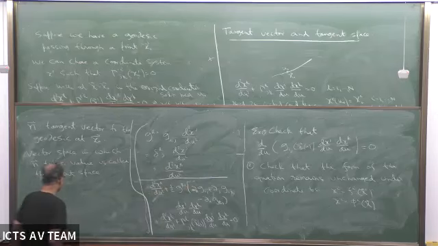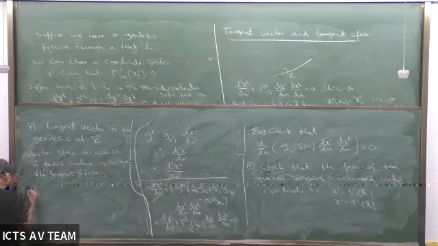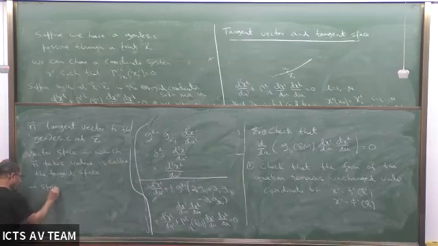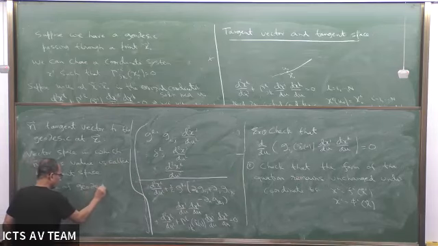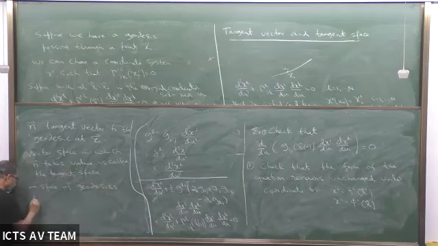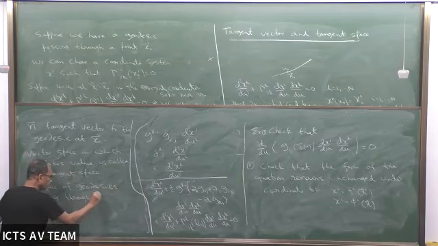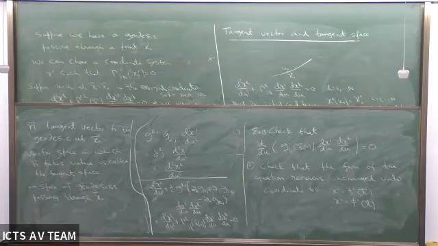So this roughly gives the space of geodesics passing through x. Given a vector in the tangent space, you can find a geodesic and vice versa.